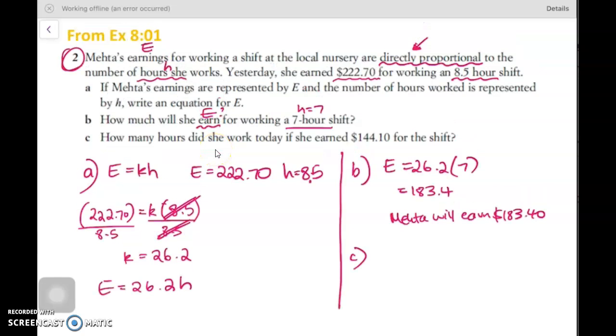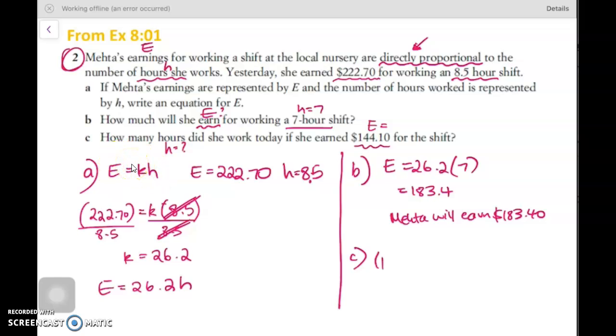Part C, the next question is how many hours? What is H, if she has earned this much for her shift? So when E is equal to that, we again substitute those values into our equation.